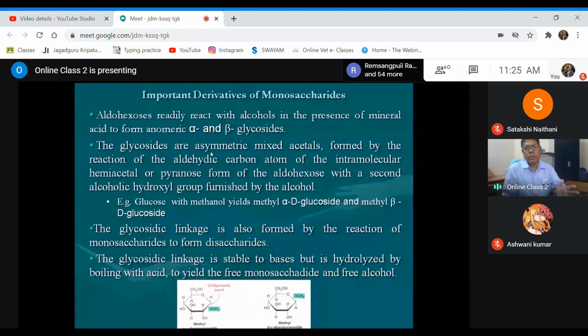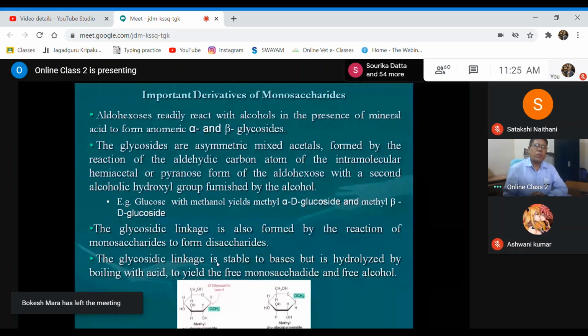Now, if this reacts with another alcoholic group, that derivative is formed. The covalent bond linking the methyl group to the carbonyl carbon is called a glycosidic linkage, and this product we call a glycoside.